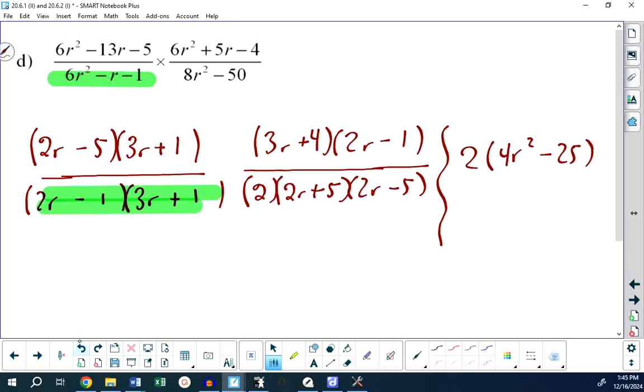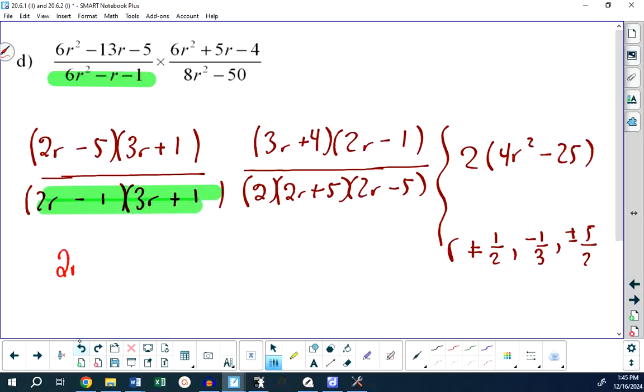Let's do our non-permissible values first. If I say, and you can decide whether you want to write this down or not, if it's written response, you should, but just in learning, you don't have to.